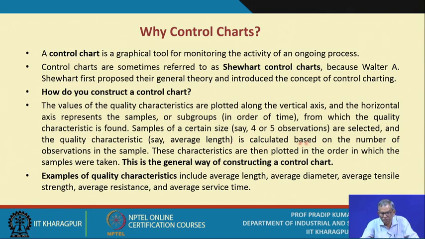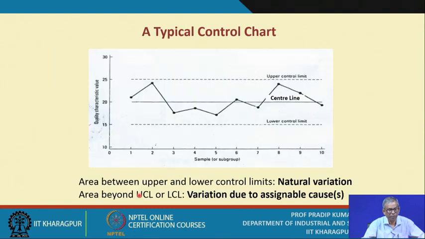This average is calculated based on the number of observations in the sample, that means the sample size, and these characteristics are then plotted in order of time in which the samples are taken. This is the general way of constructing the control chart. So, it is very, very simple. Examples of quality characteristics are average length, average diameter, average tensile strength, average resistance, and so on and so forth.